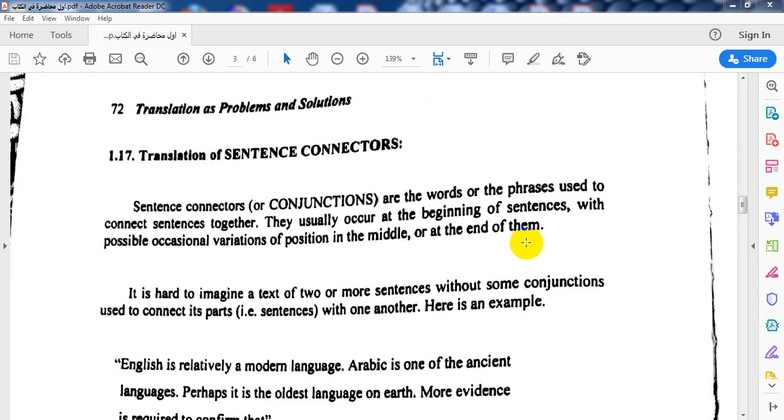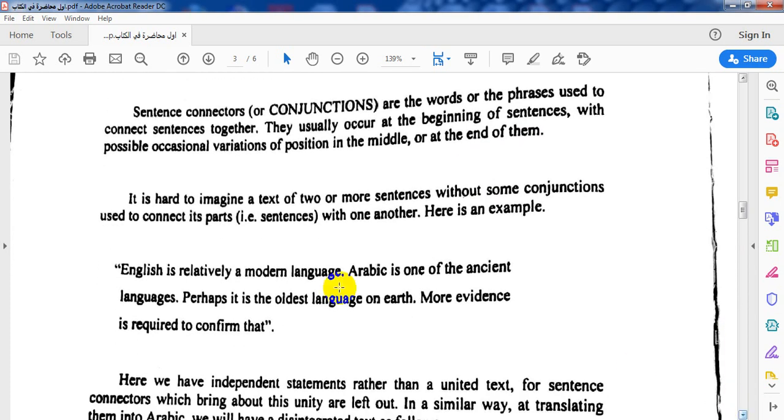And we have here a very simple example in English, to simplify the idea of the job of connectors or conjunctions. Here we have very simple sentences, they end with a full stop. English is relatively a modern language.